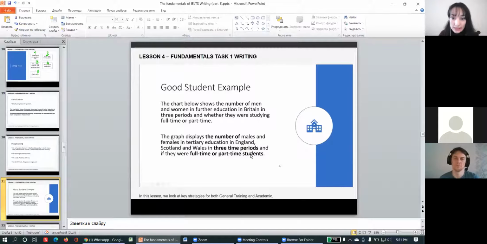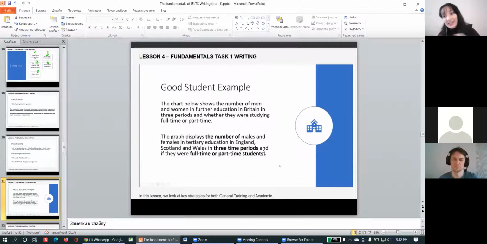In Britain was changed to England, Scotland, and Wales, which is right. In 3 periods, so in 3 time periods, you see, 3 and period is the same, but we don't treat them as separate words, but as a collocation again. Okay, so word combination, which is all right.